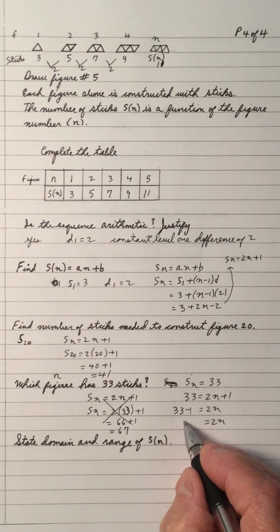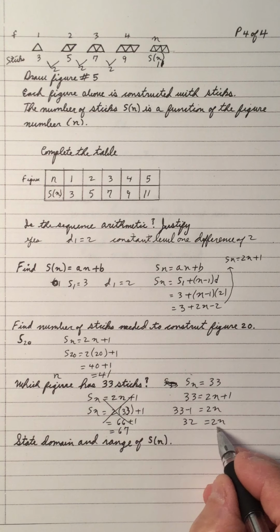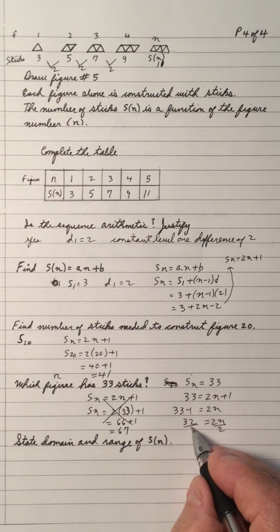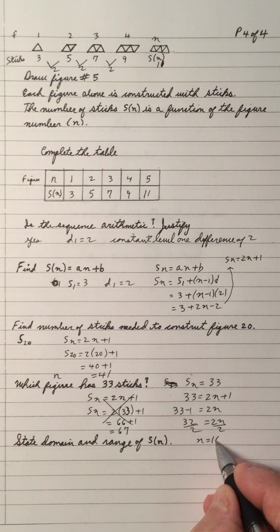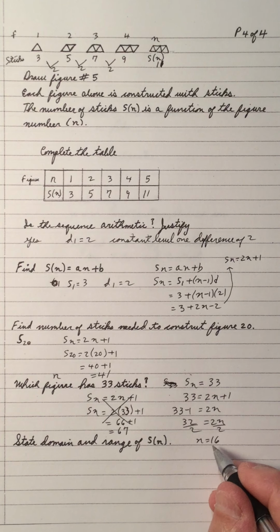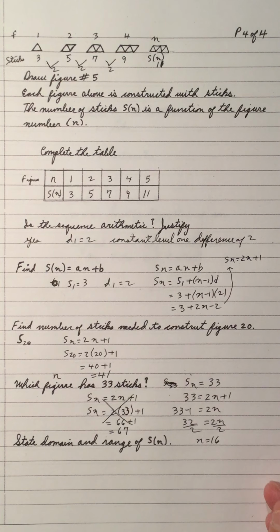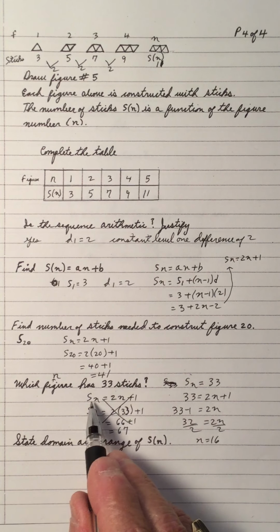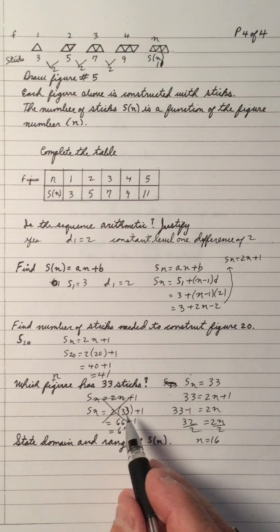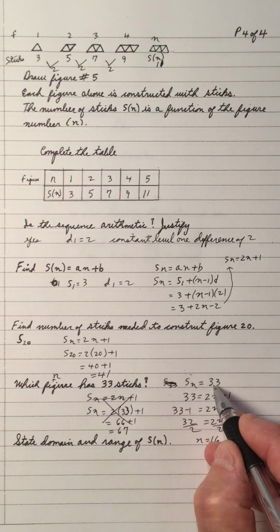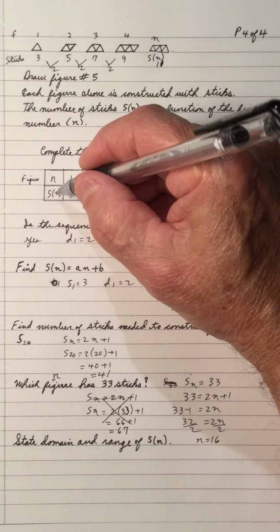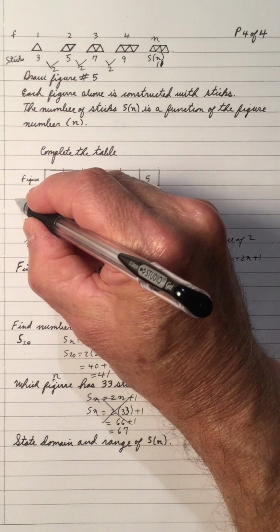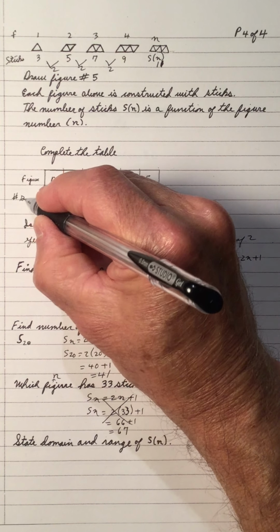So 2n is 32. Divide by 2, and I get n to be 16. So the 16th figure will have 33 sticks, so be careful. Notice the figure is the n. I was almost going the other way, so I would have been wrong. Sn is 33 because Sn is the number of sticks.